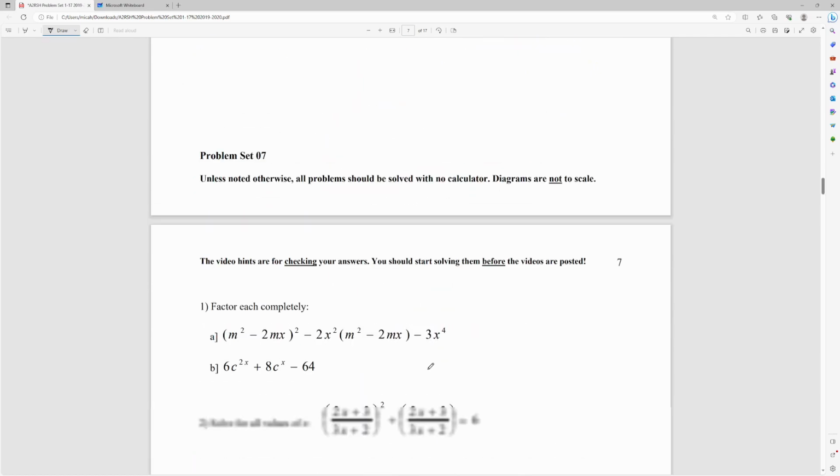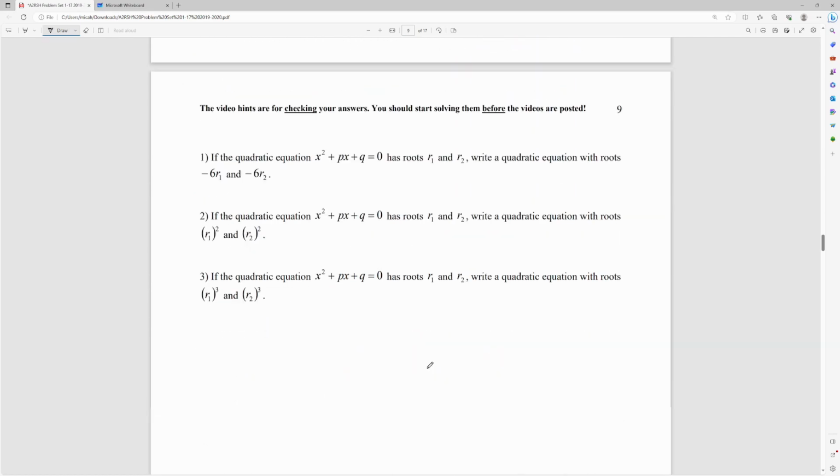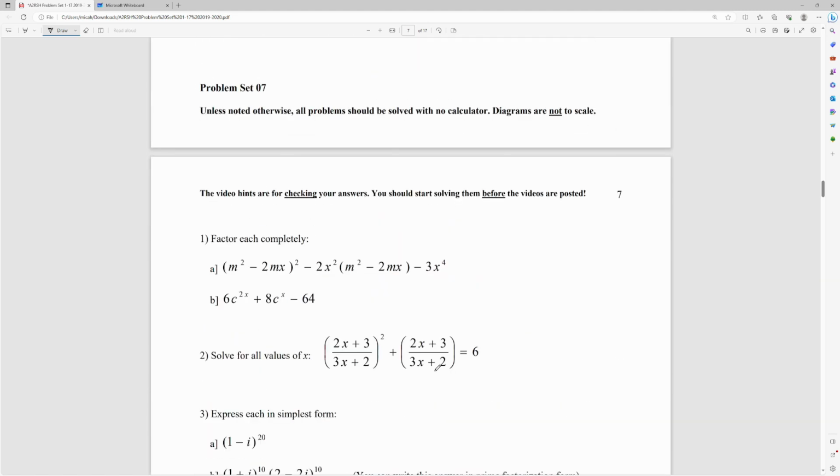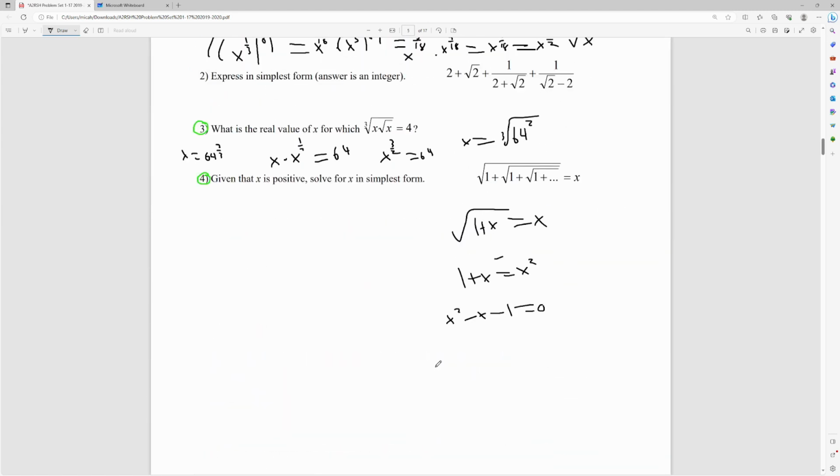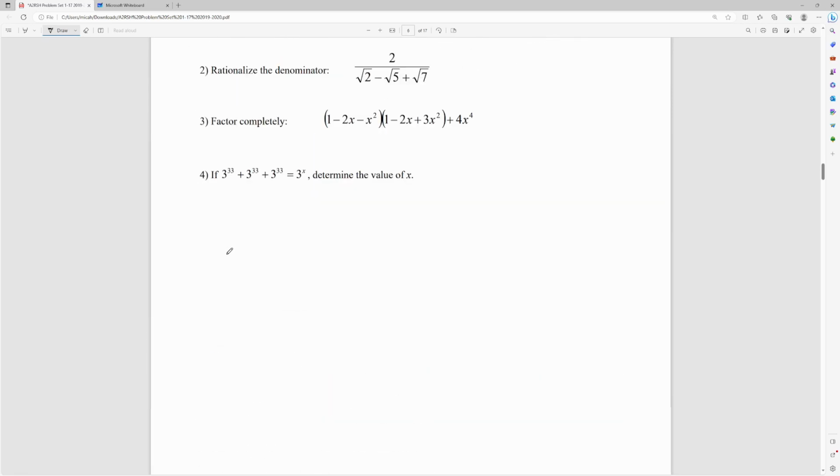We could solve this with the quadratic formula, and we could get 1 plus or minus the square root of 1 minus 4 times negative 1, all over 2, and we get 1 plus or minus the square root of 5 over 2. It says given that x is positive, so 1 plus the square root of 5 over 2 is our solution.